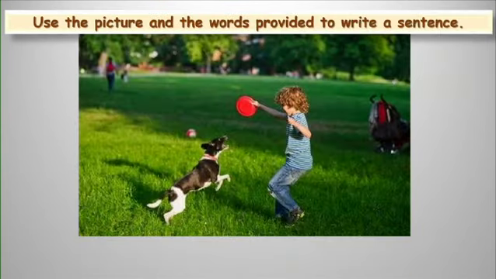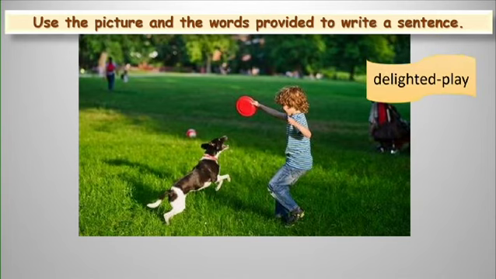Now, your turn to use the pictures and words provided to write the next two sentences. Have fun and remember to be creative. Delighted, play. Here is a sentence you could have written.